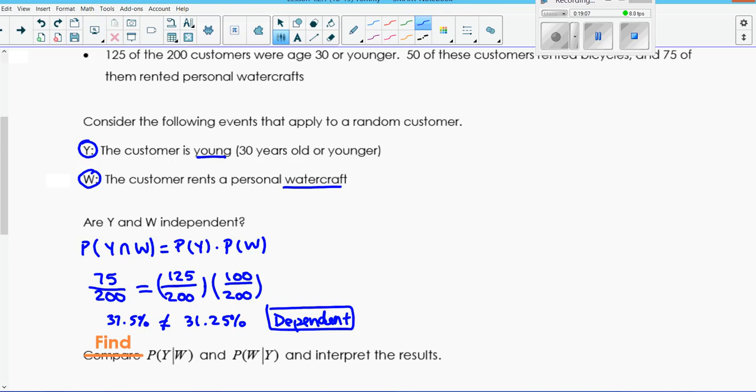So this is where a lot of us struggle with understanding how to write this sentence. Dependent means that it does depend on the other, but when you are defining it, you don't want to use the word depends. You can't use the word to describe the word. So I'm going to use the word affect instead of some of you trying to use the word depend.